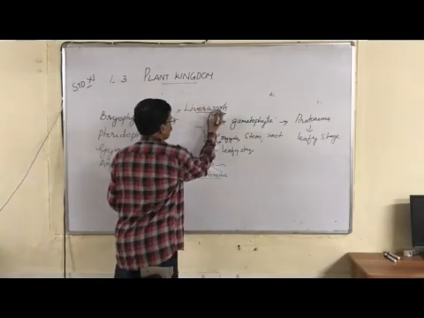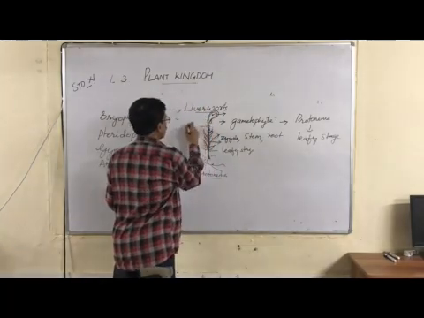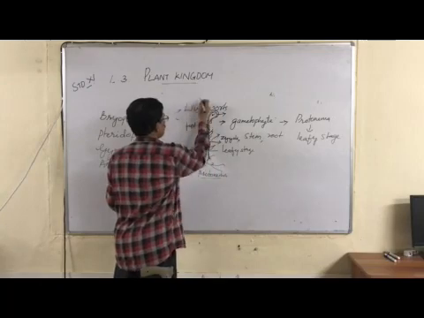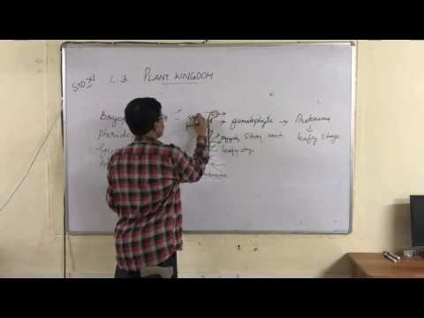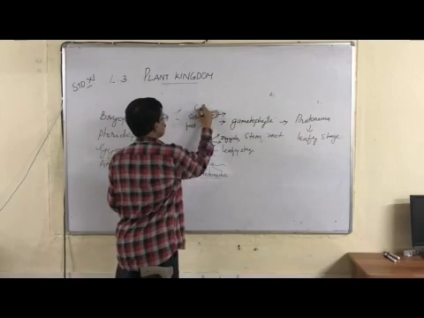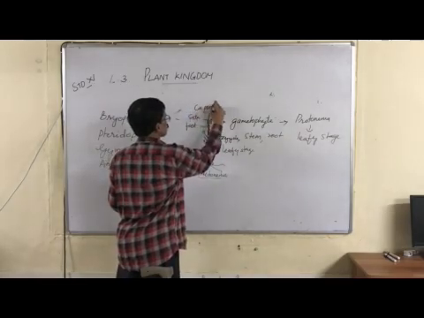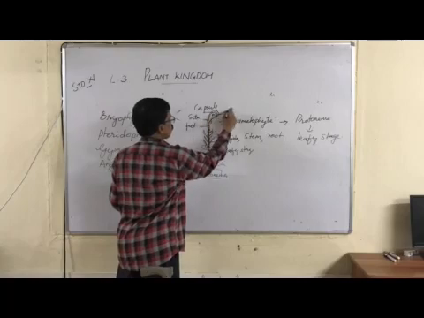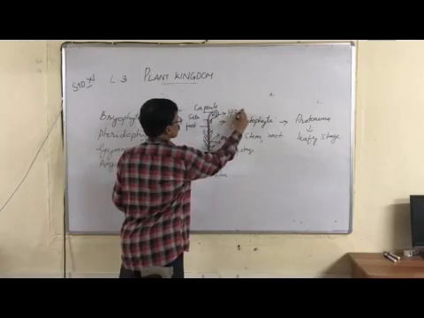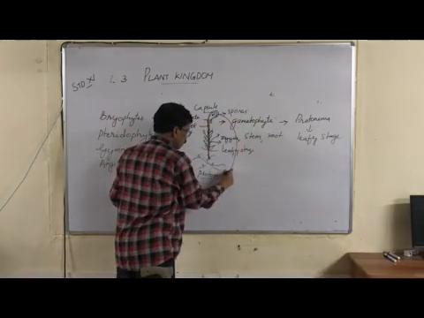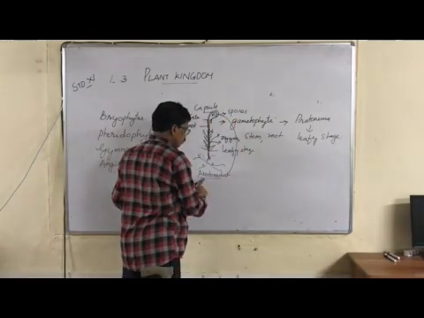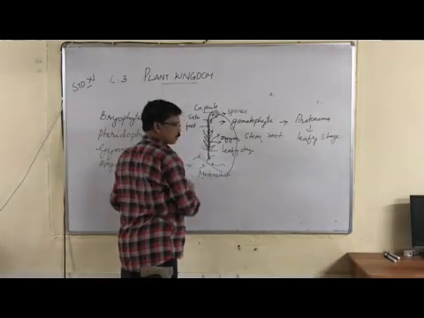The sporophyte has the foot here, then the seta, and this is the capsule. The capsule produces spores. The spores come down and germinate to form the first stage of the gametophyte, the protonema.